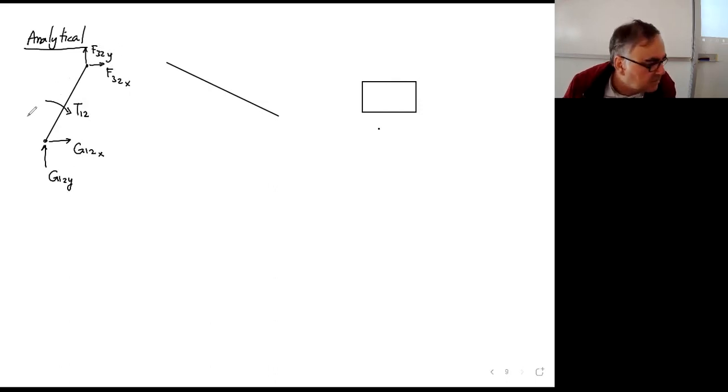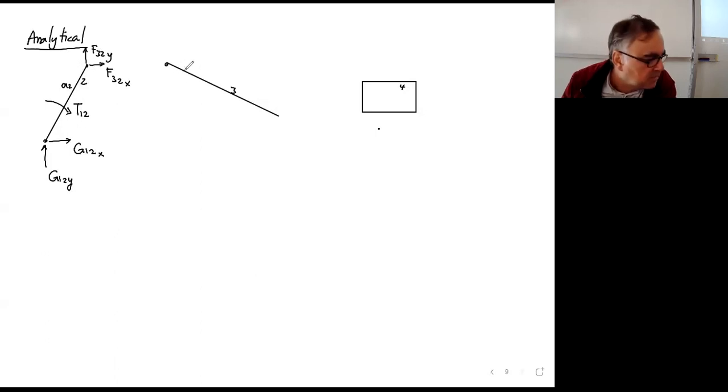Okay. These are the forces acting on it. This has a length of A2. So these are all the forces. This is the force acting on 2 due to 3. This is 3. This is 4.